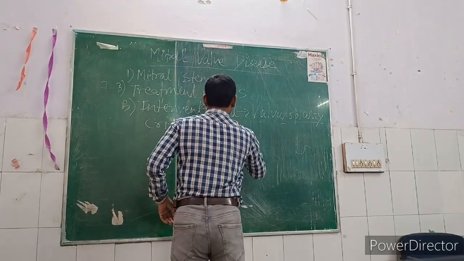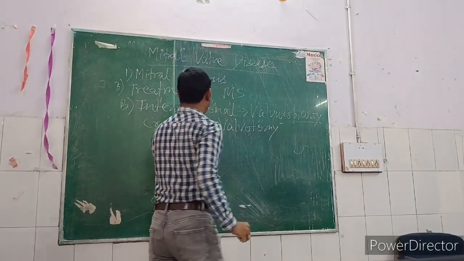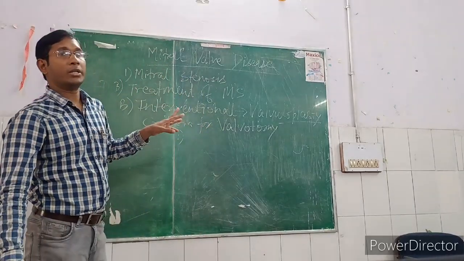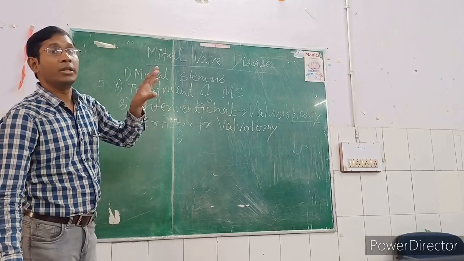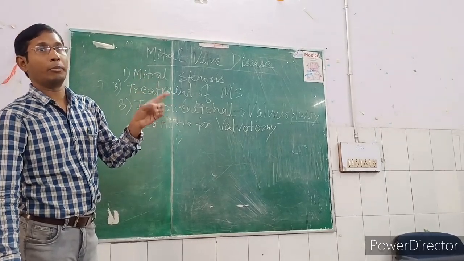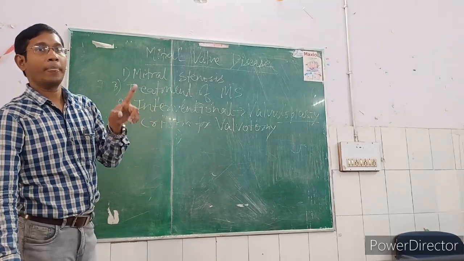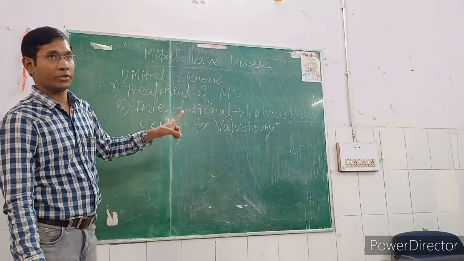Now the criteria for valvotomy. Valvotomy means replacement of the mitral valve. When there is significant mitral reflux, meaning a predominantly regurgitant lesion, we will go for mitral valvotomy, meaning replacement.